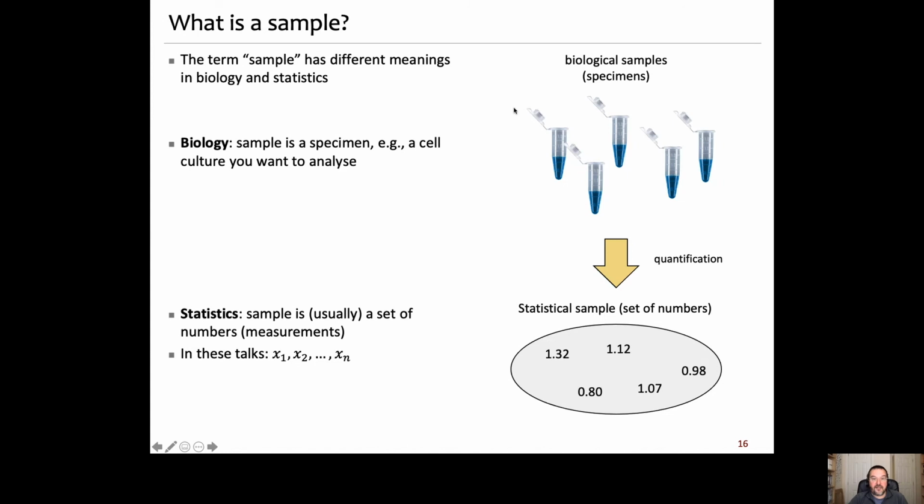If you have 5 biological specimens, let's say each is a solution in a tube, you do some sort of quantification, you process these samples and you measure something, for example, optical density, you will end up with a set of numbers. And this is our statistical sample. This is what we are going to call a sample, a set of numbers, a set of measurements.